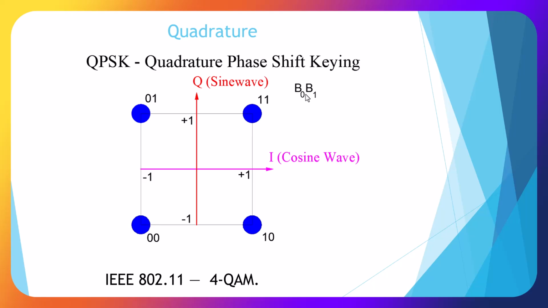We represent 2 binary digits: 0 0, 0 1, 1 0, and 1 1. And these are offset at that angle. So this one represents IEEE 802.11, which is Wi-Fi, and it's also called 4QAM. It also matches that.